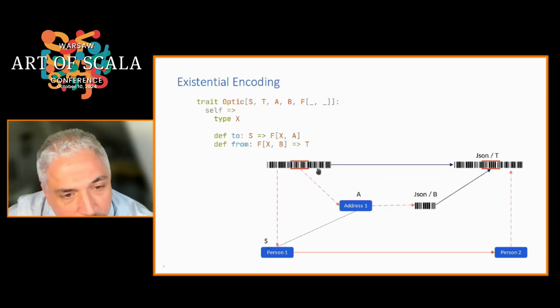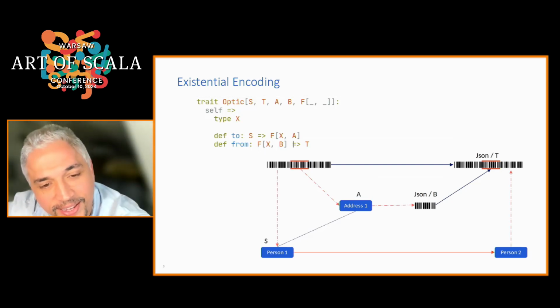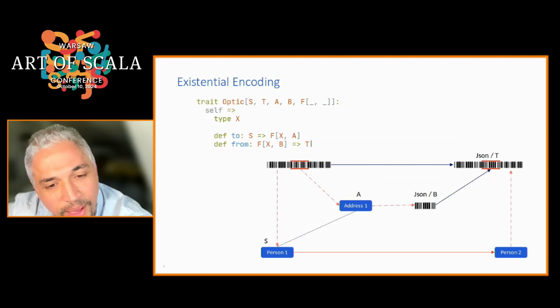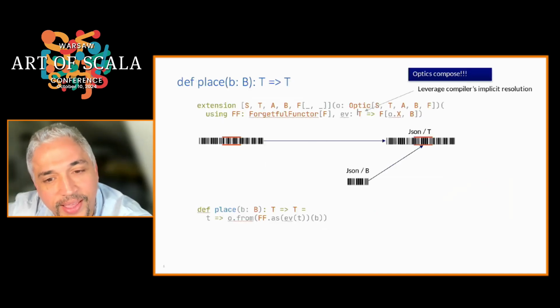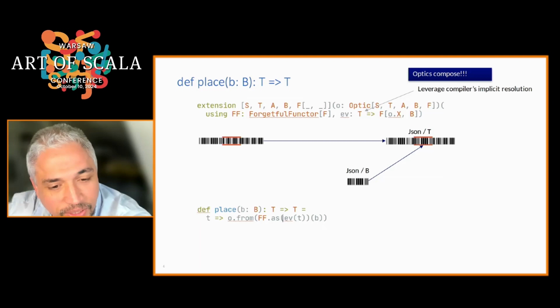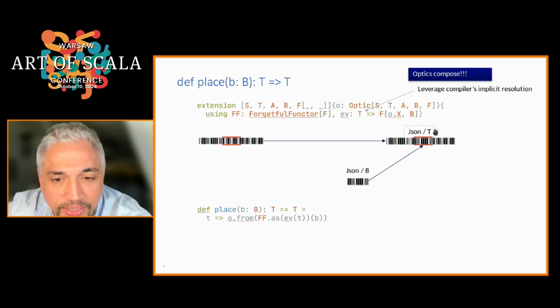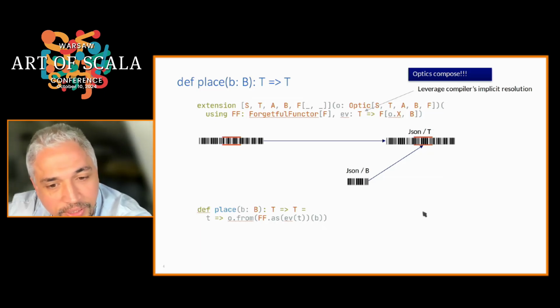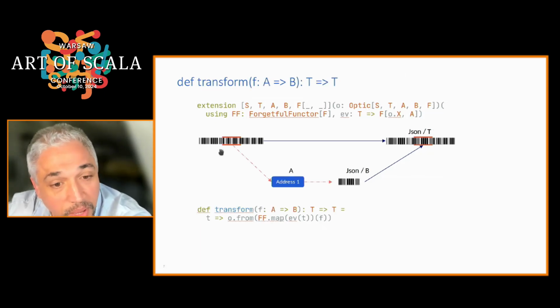This is the from in the definition that has the complement and B go back to T. Then if I add the missing bit, and well, sure, if you give me from T to a complement and B, then that's all I need to do. Here is the placement. Now I can place JSON into JSON in the rest of the machinery. Maybe I want to not have, or I don't have the JSON right away.